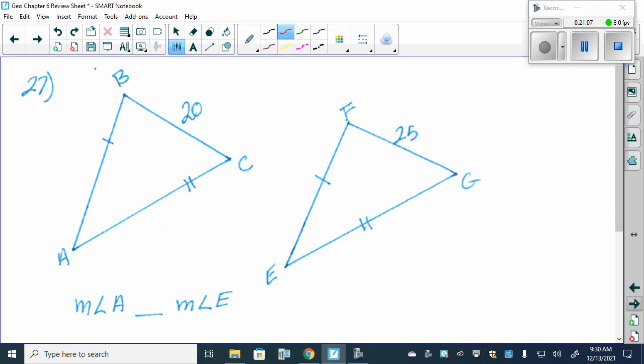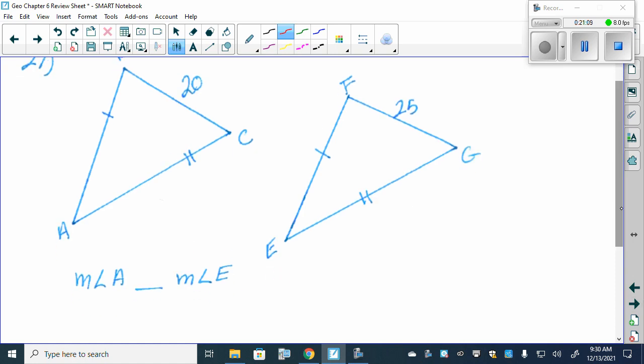Same type thing. So looking at this here, which angle would be bigger? .25 is the bigger side, so angle E would be bigger. Bigger angle is opposite the bigger side, and the bigger side is opposite the bigger angle.